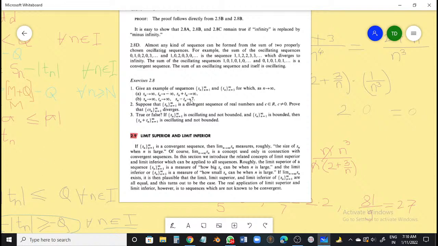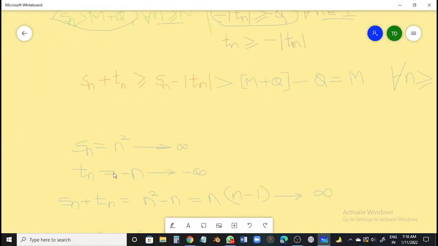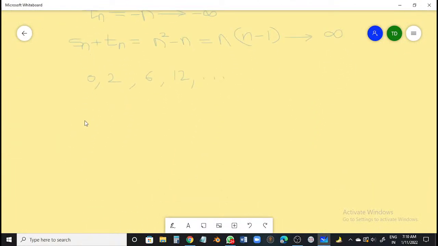We are trying to solve this particular: Sn diverges to infinity, Tn diverges to infinity, but Sn minus Tn is converging to 7. So let us deal with this.